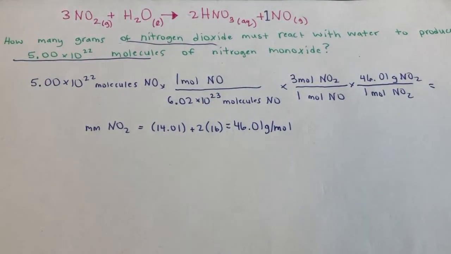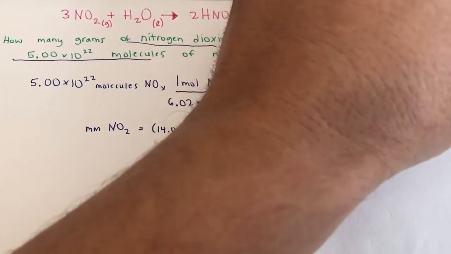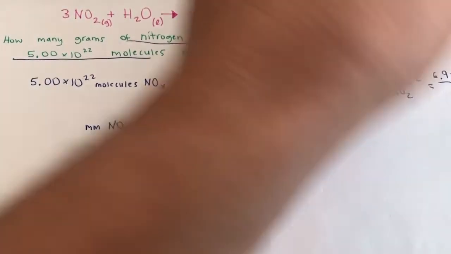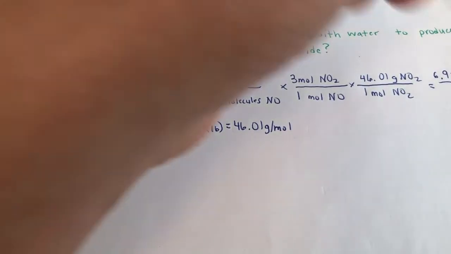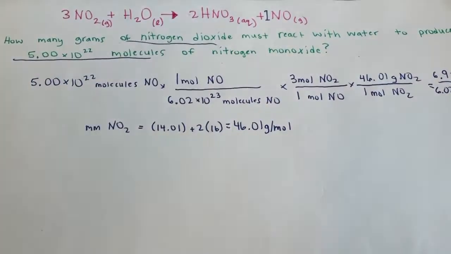So 5 times 10 to the 22nd times 3 times 46.01, you get 6.9 times 10 to the 24th all over, well, 6.02 times 1 is just 6.02 times 10 to the 23rd. So I'm going to divide the top by 6.02 times 10 to the 23rd.